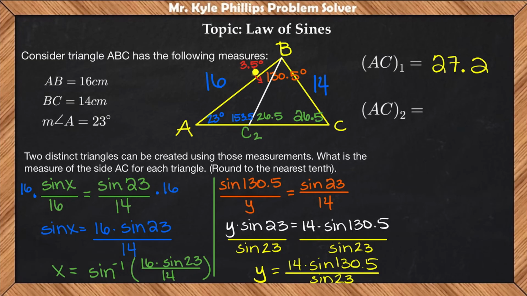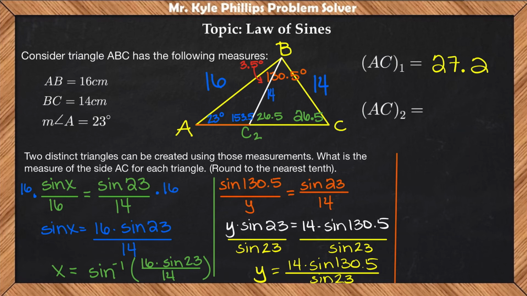Now that I know that this is 3.5 degrees, it's going to be pretty easy to find this length here from A to C2. So I'll go ahead and do another divider here. And since this is 14, I also know that this white segment here is 14.